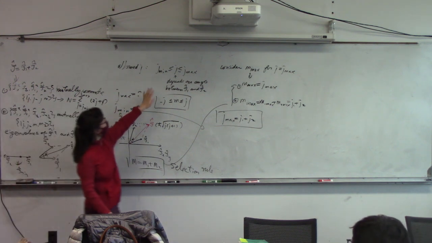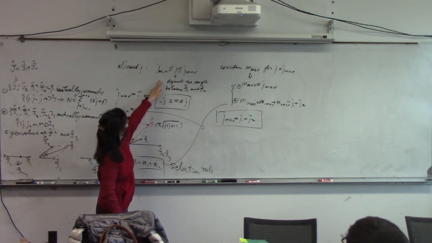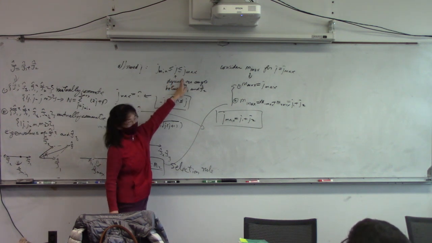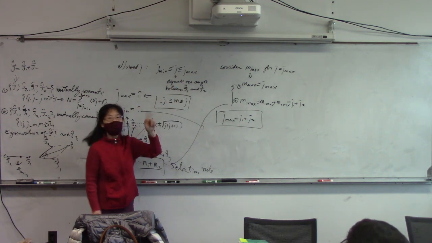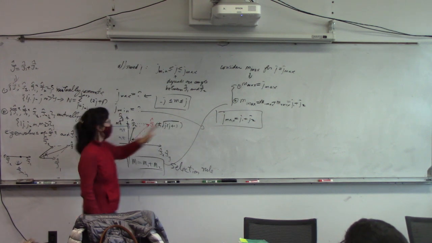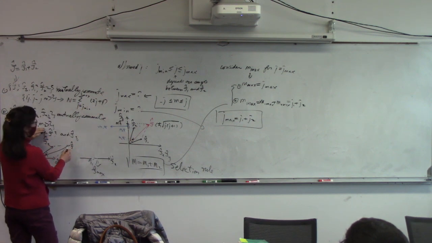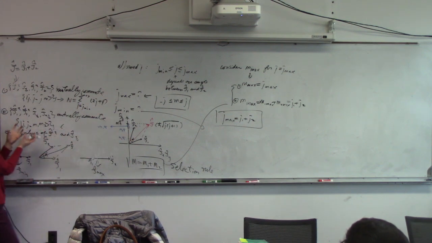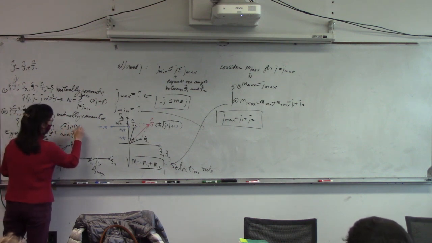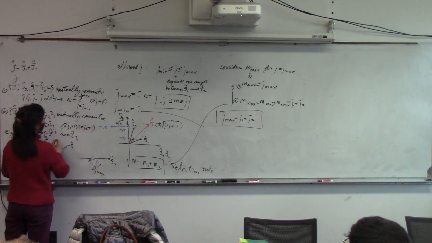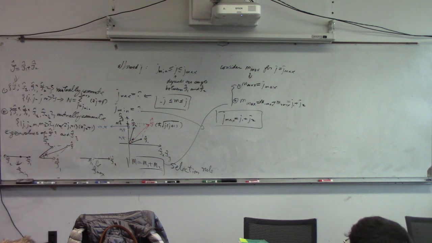So for given J1, J2, the allowed J value is from J minimum to J maximum, and for each given J there are 2J plus 1 M values. And for this dimension, we know it is a subspace of J1, J2, each one being 2J1 plus 1 multiplied by 2J2 plus 1. So these two subspaces are equal, since for given J1, J2 you either use this as the basis set or use this one.